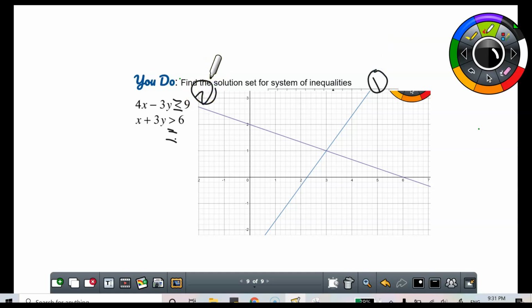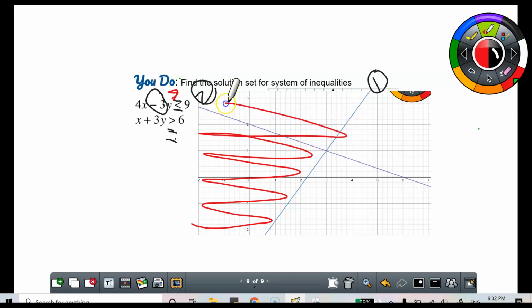So for the first one, you have to be careful. This is negative 3y. So when you get rid of negative 3, you're going to divide by negative 3. And if you divide by a negative number, the inequality symbol is going to change. So for the first inequality, the inequality symbol is going to change into greater than. Okay? So for the first line, greater than is on top of it, which is this area.